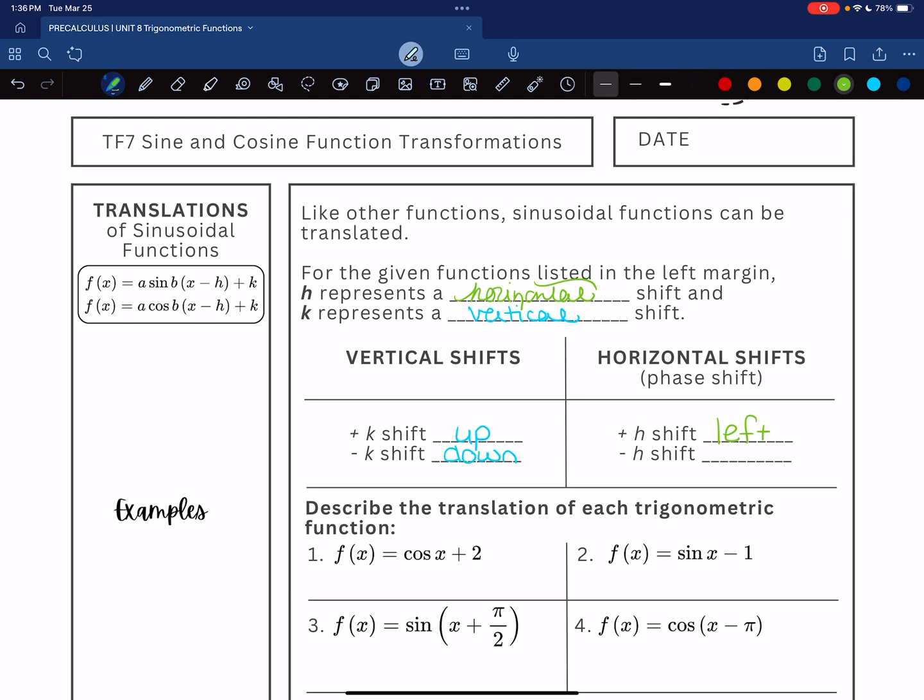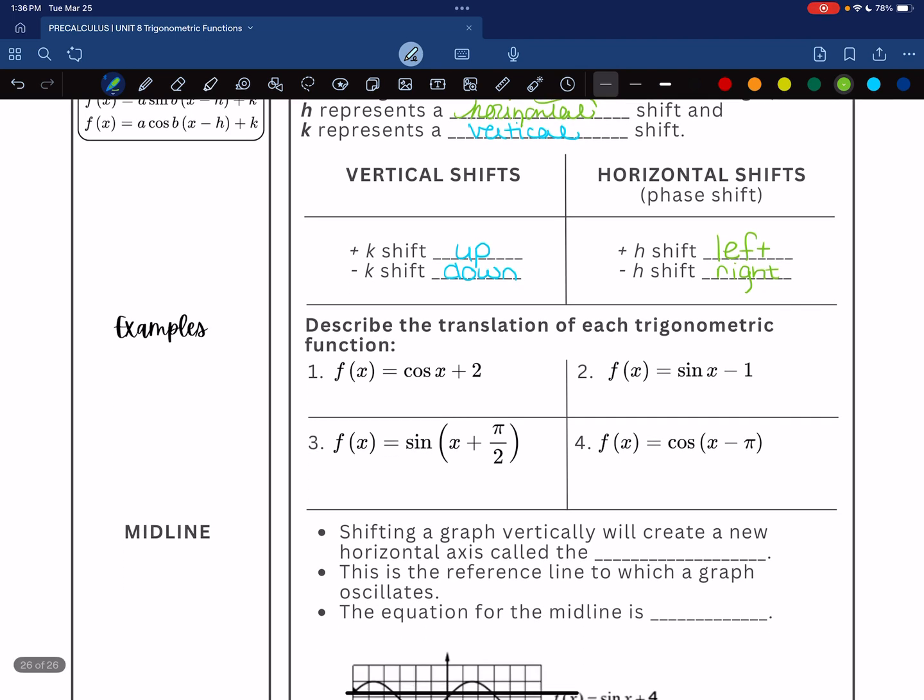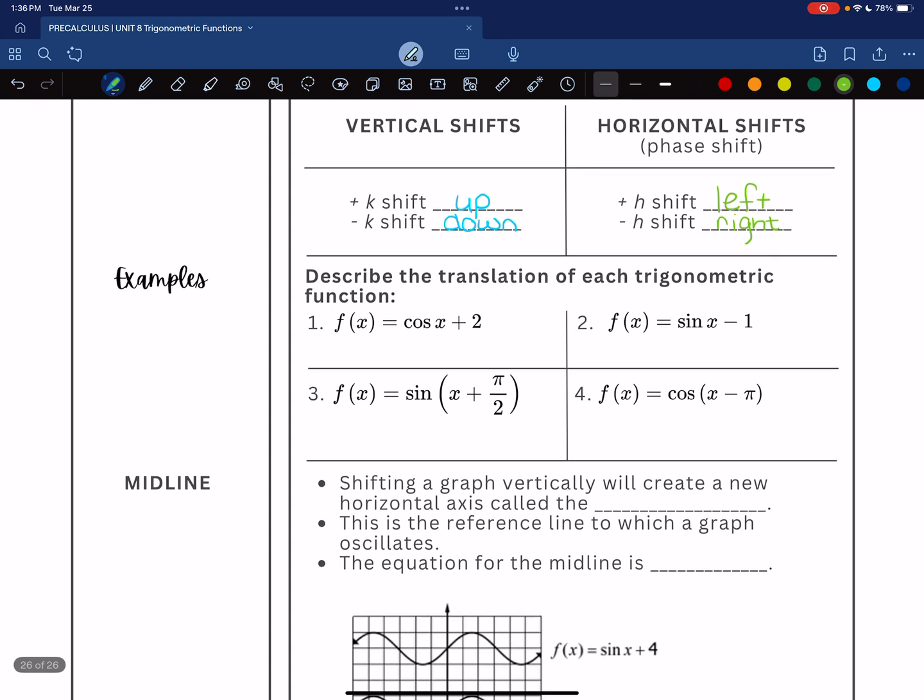And it'll be moved to the right and start later if it is minus some h value. So let's look at some examples and just work at identifying what translations occur here.